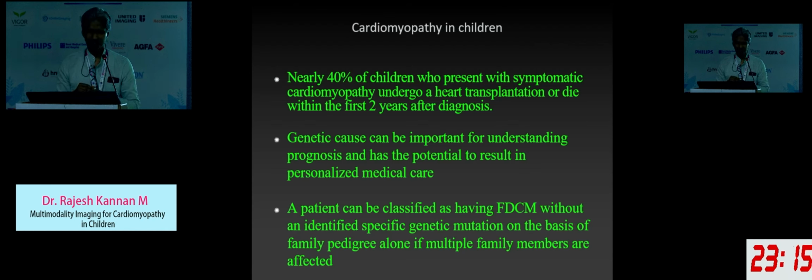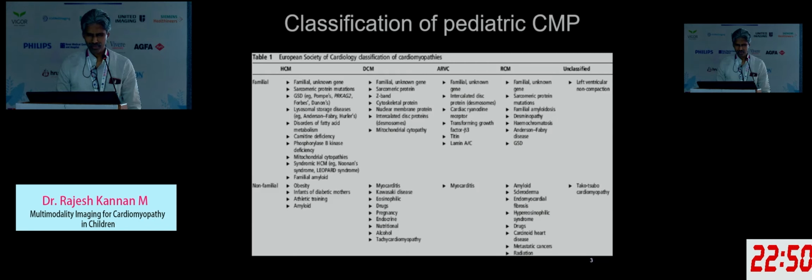And another important thing is, you need not have a genetic confirmation to make a diagnosis of genetic cardiomyopathy. We look at the family pedigree, and if more than one person in a family is involved, you will strongly suspect a familial cardiomyopathy, like a familial DCM.